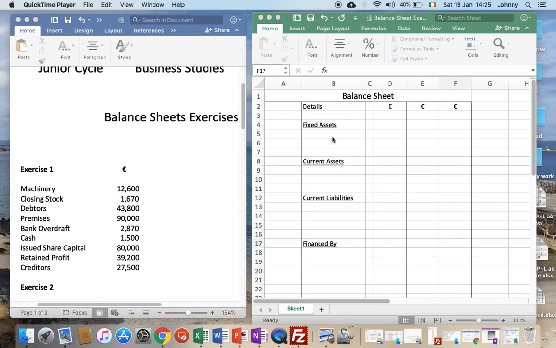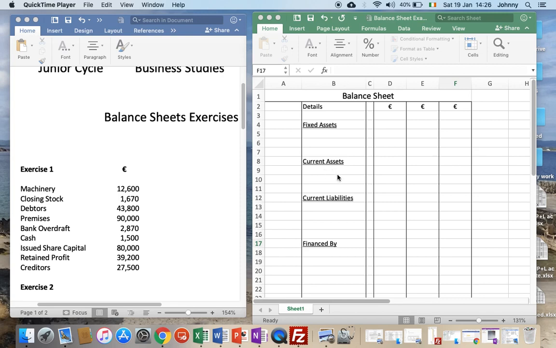So the assets are things that we have. Fixed assets are things we have that we are going to use for a long period of time. Current assets are things we have at the moment, and those things will get used up fairly quickly, and then other assets will come along to replace them.